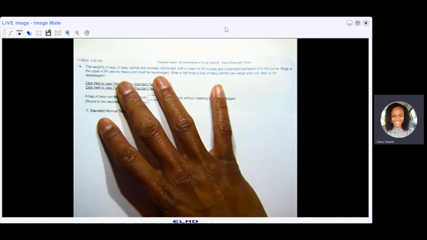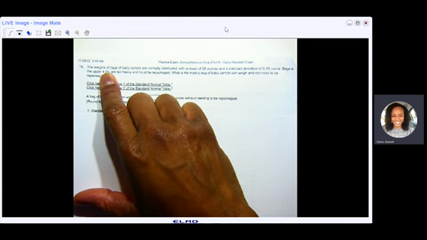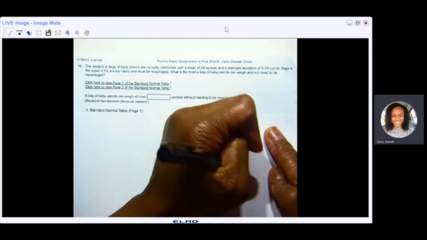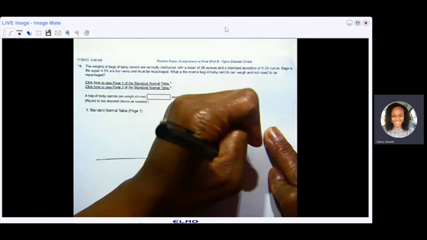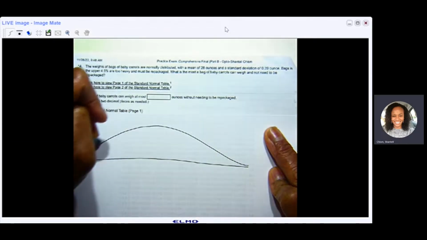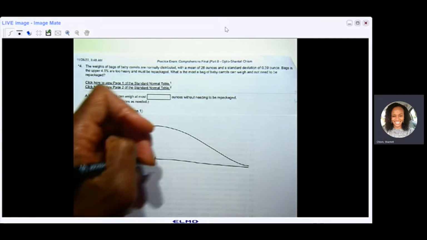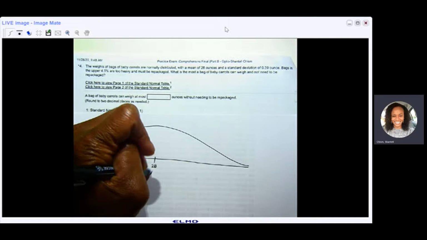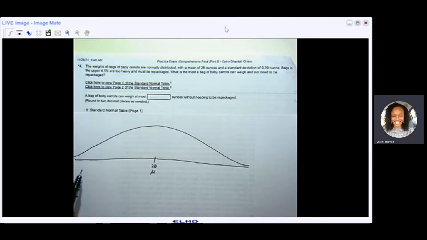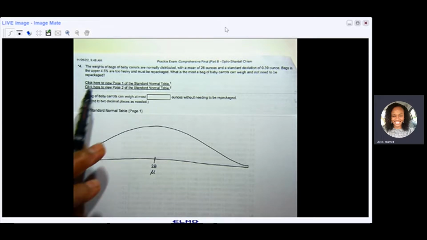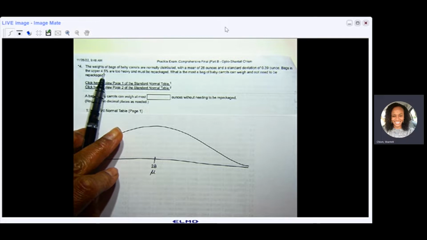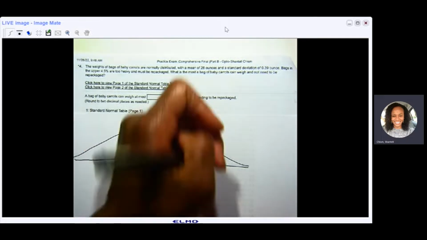It has to be, this is your area in the upper right-hand tail of your curve. So if you had your mean there at the middle, 28, and we're looking for the most that the bag of carrots can weigh, so we're looking for the most X that would not place the bag in the upper 4.5%.